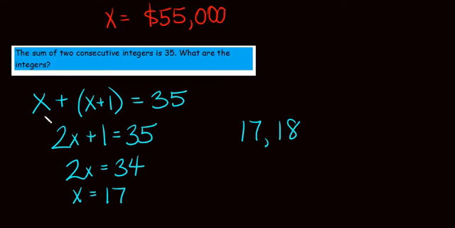So I labeled them x plus 1. And I know that the sum means addition. So the sum of both of those is 35. So I am going to combine my like terms, do my algebra skills like we've practiced, and figure out that my integer has to be 17. The other integer is one more, which is where 18 comes from.